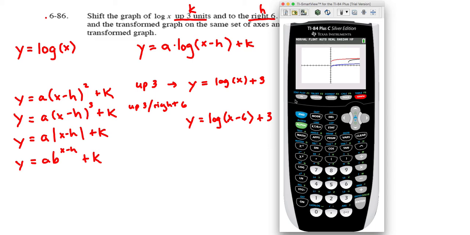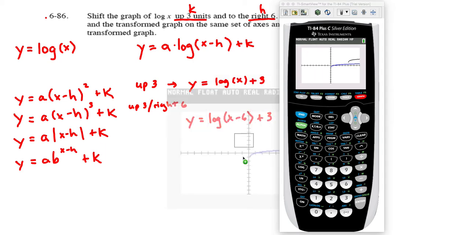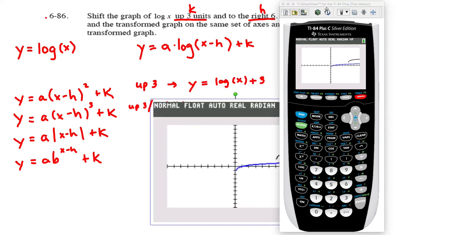So in order to answer what it's actually asking us to do, let's go back into our y equals. Let's deactivate that middle one because they didn't want 3 graphs on there. Let's graph it again. There is our original function and there is our transformed function. Let's pull it off here so we've got a copy of it.